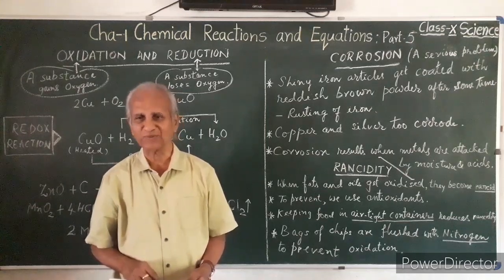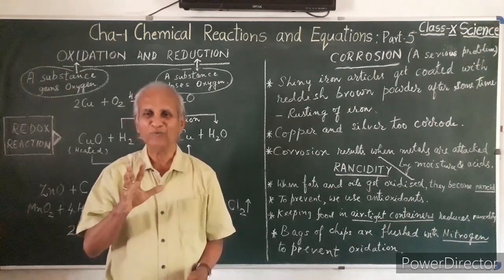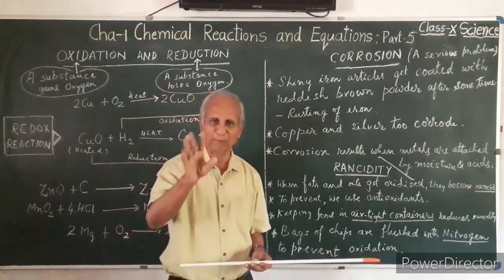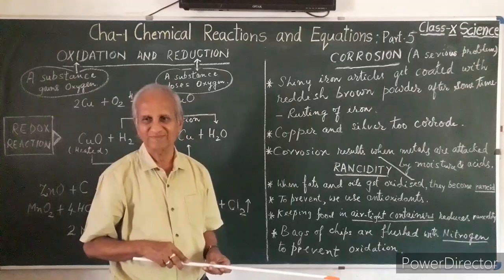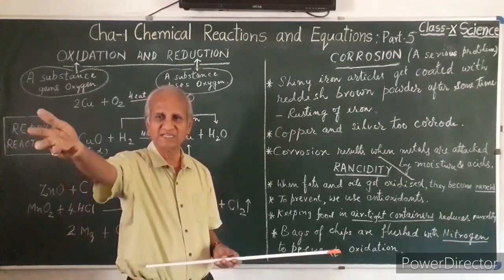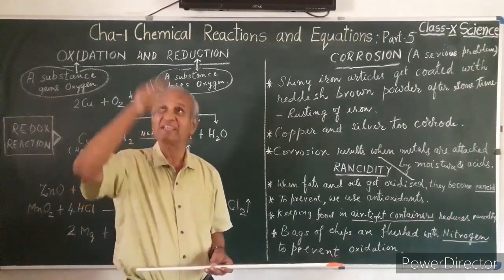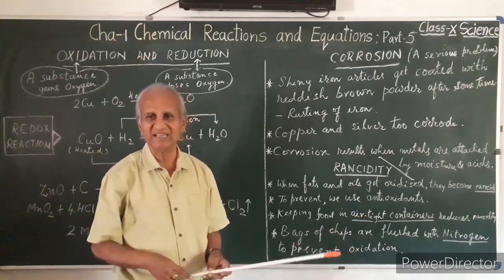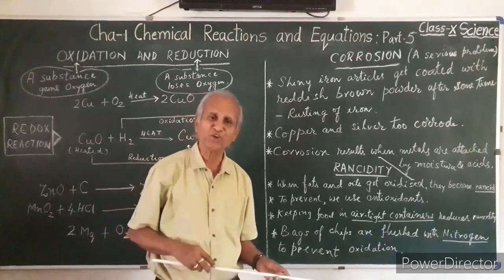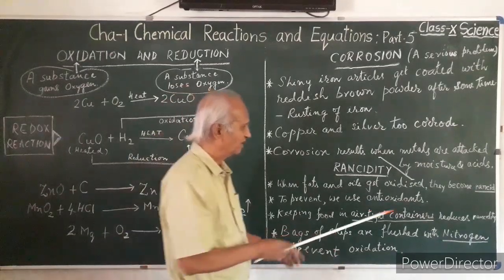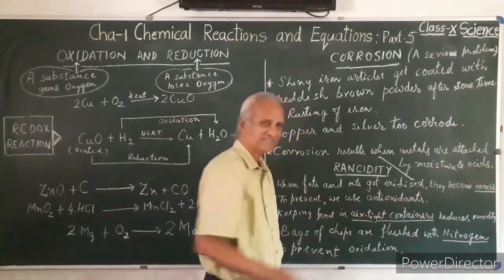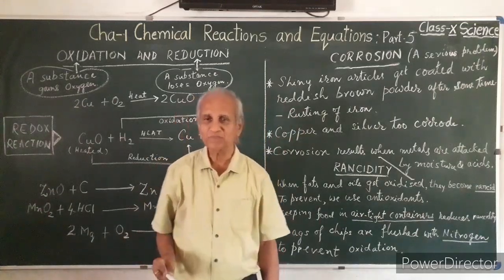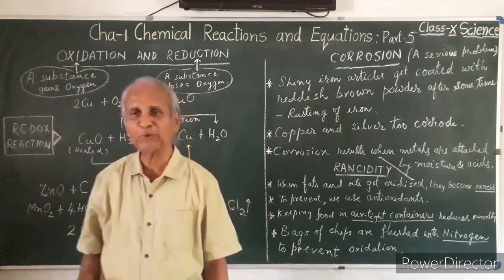One rain is enough. One treat with water is enough, iron starts getting rusted if it has not been properly painted. You leave some iron objects in the open. It rains. Leave it there for 2 or 3 days. Over those 2 or 3 days, iron would have lost all its shine by moisture and acids. Moisture and acids make iron get corroded.